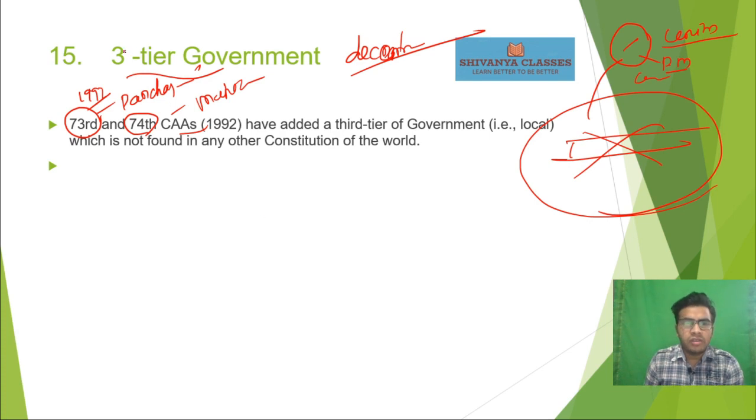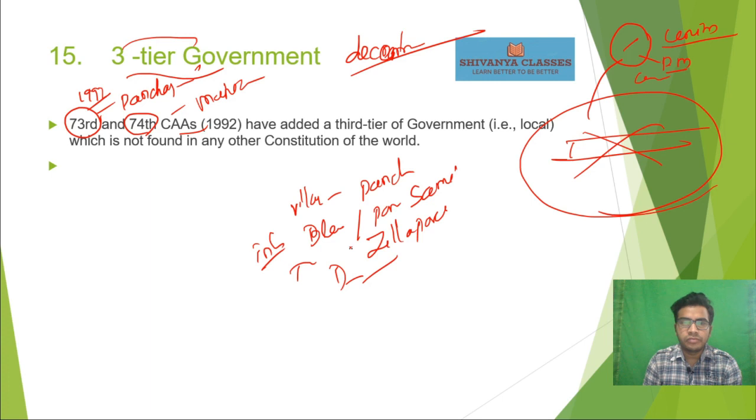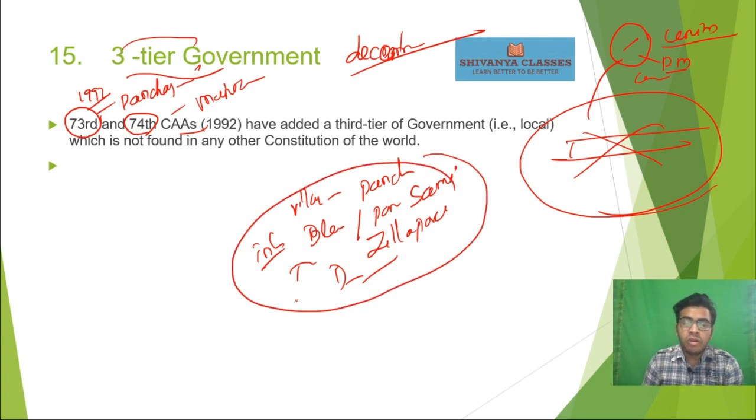This three-tier structure is what? At village level we have the panchayat, at block or intermediate level the block or panchayat samiti, and at district level the Zilla Parishad, or district council. Clear? We have the three-tier structure in order to decentralize governance.